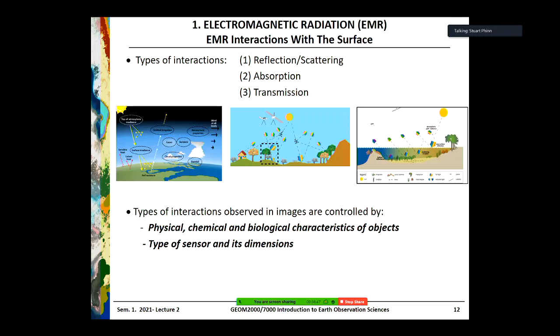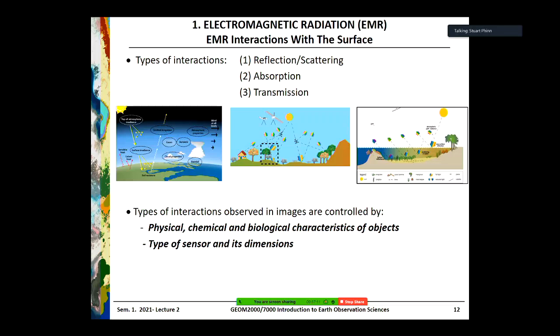Scattering, which is also reflection, same sort of thing. Absorption, like in photosynthesis, where the blue and red wavelengths are absorbed in a photochemical reaction. And transmission, like through a gaseous medium like the atmosphere, with light coming down to the surface, or through clear water bodies with light going through.